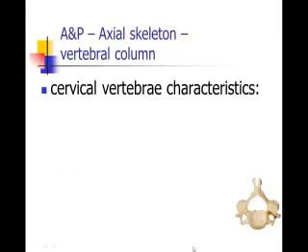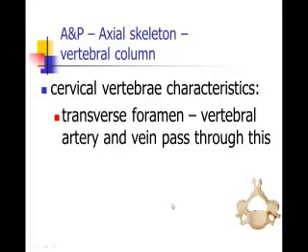The cervical vertebrae characteristics, we have them here. We have a transverse foramen on each side. This piece right here is the cervical rib, and that cervical rib fuses to the transverse process, forming this opening. That's the vertebral foramen, and this is the transverse foramen.